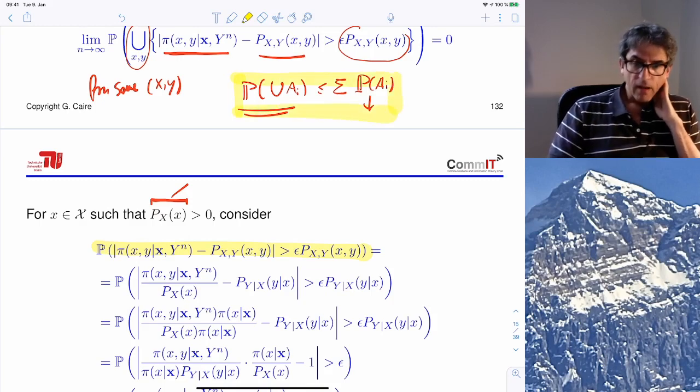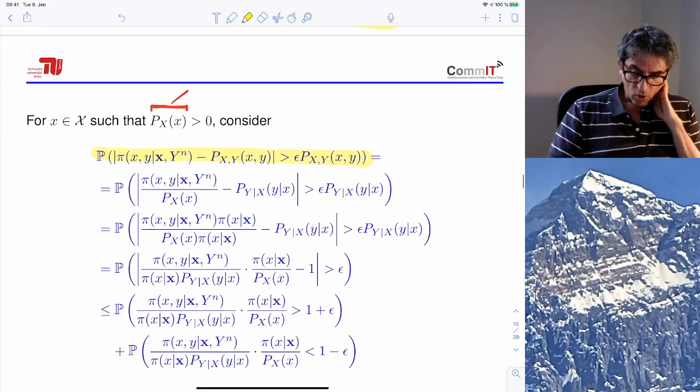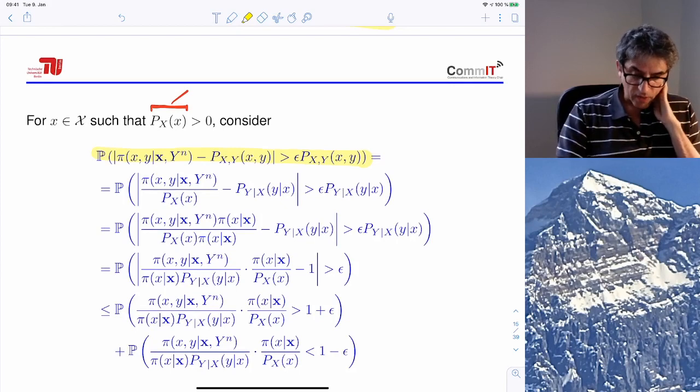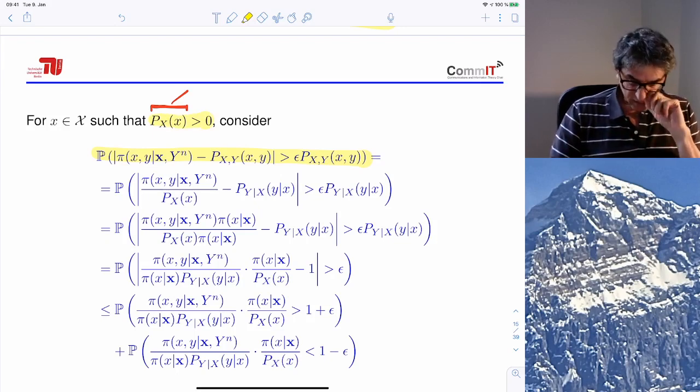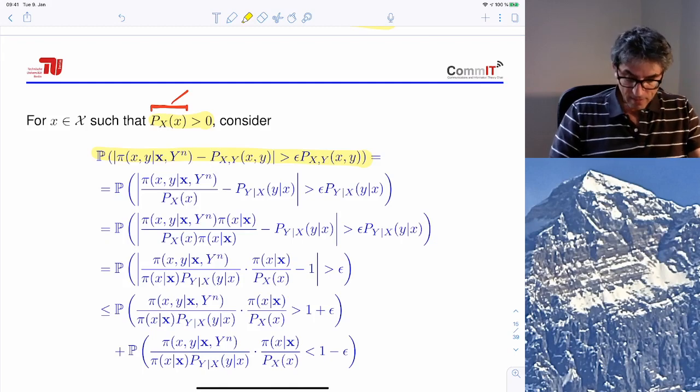Okay. So what we do? Well, we first of all divide everything by p(x). That's why we take p(x) greater than 0, because we can divide everything by p(x). This division makes sense. We cannot divide by 0.